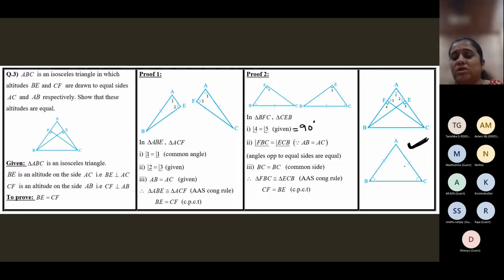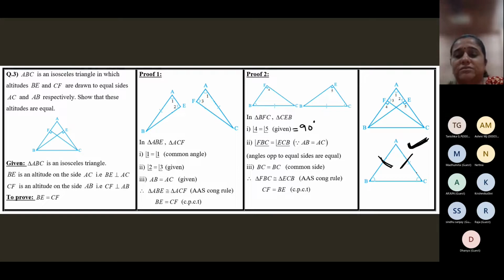In triangle ABC, what is given? Line AB is equal to AC. If these two sides are equal, what's the theorem? In a triangle, when two sides are equal, what is the other result you can get?